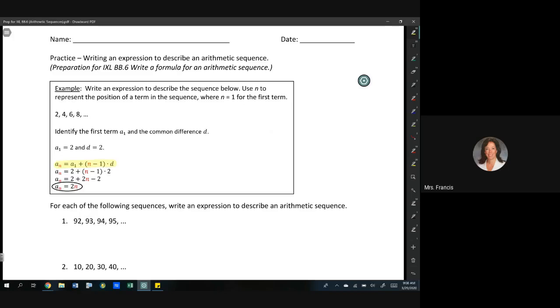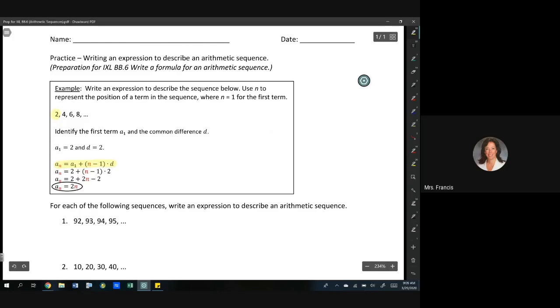So it says write an expression to determine the sequence. Use n to represent the position of a term in the sequence where n equals 1 for the first term. Since we're writing an expression for the sequence, we are going to have n in our answer. All of these answers are going to have n in the answer. Obviously, a sub 1, the value of the first term, is 2.